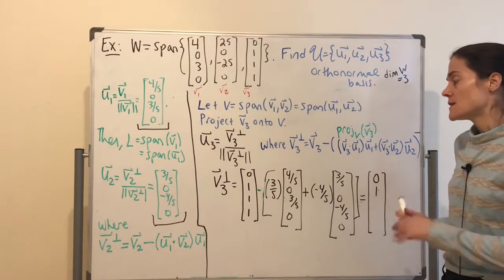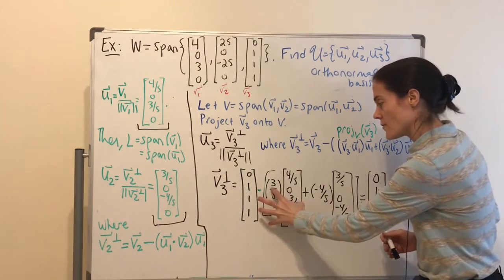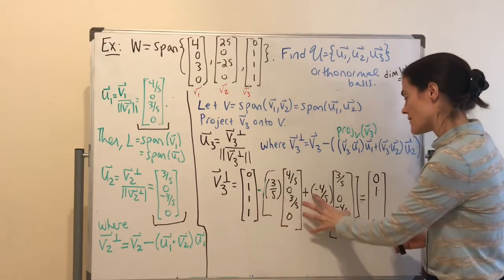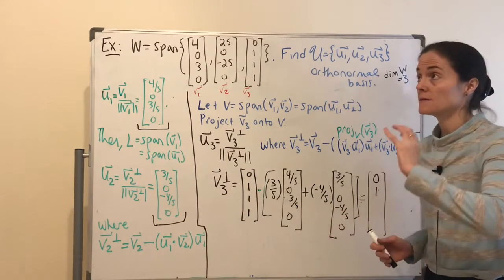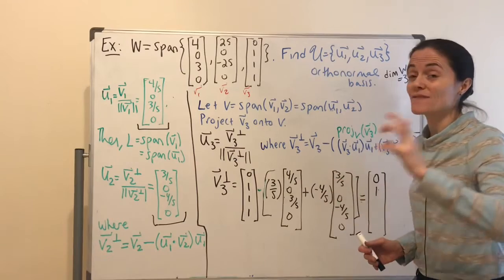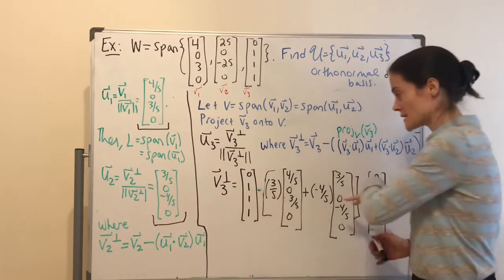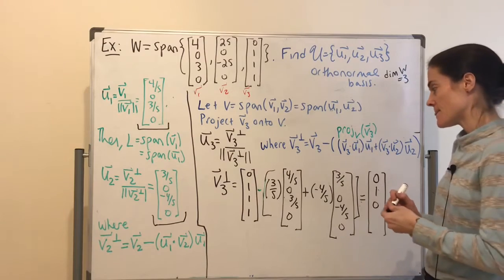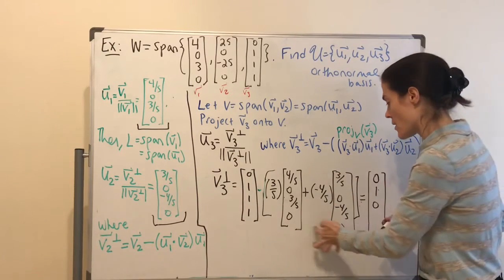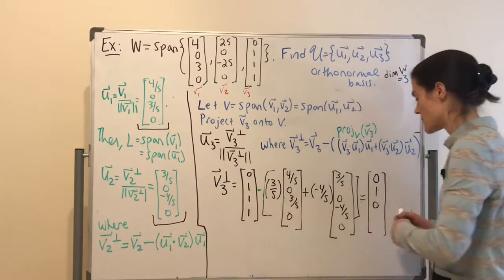Okay. The third entry, I have 9 over 25 plus 16 over 25. That's 25 over 25, 1. Then I have 1 minus 1. Okay, I am 0. And finally, the fourth entry, well, 0, 0, 1 minus 0 is 1.